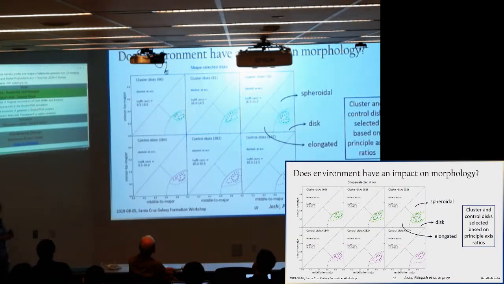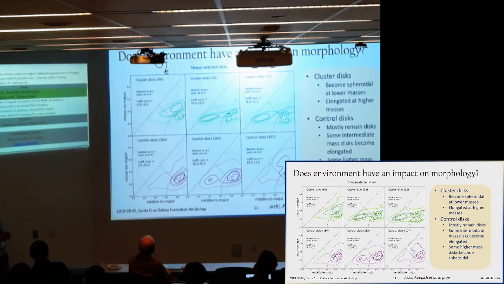We can do the same thing with the 3D shapes. So I've separated the galaxies into stellar mass bins here, from low mass to high mass. And so we can start with a slightly different selection of galaxies based on their shapes. And you'll see that spheroidal galaxies will live here, and elongated or prolate galaxies will live here.